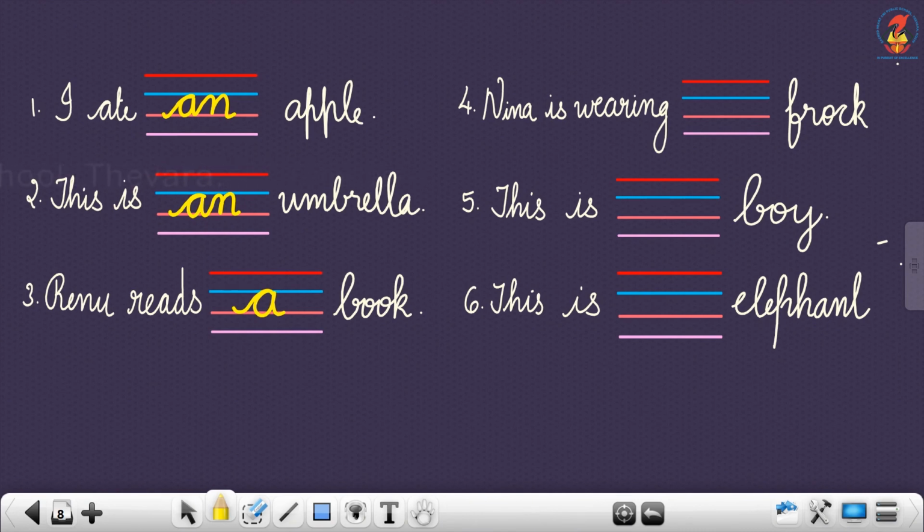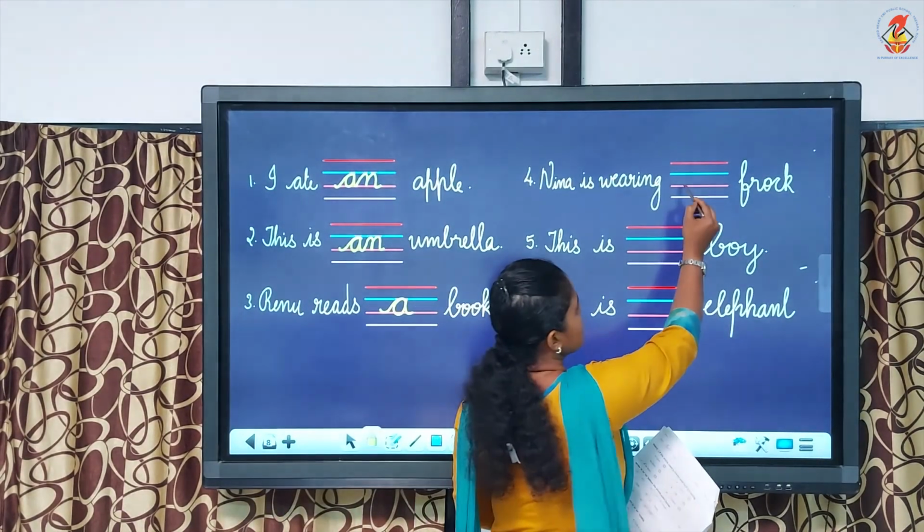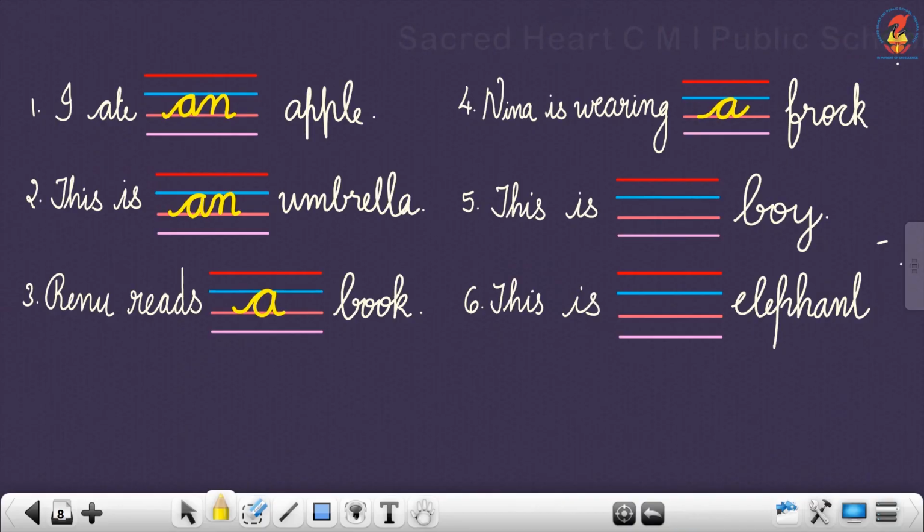Next, fourth one. Nina is wearing dash. There you can see a picture of a frock. Frock is beginning with the consonant sound F. So, the article that comes there is a. Nina is wearing a frock. Repeat after me.